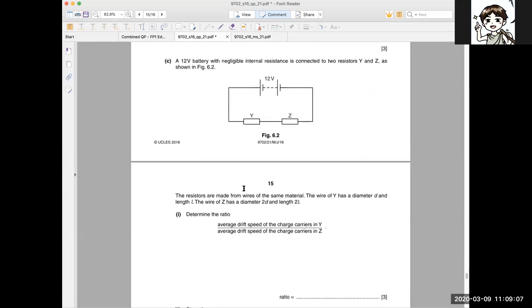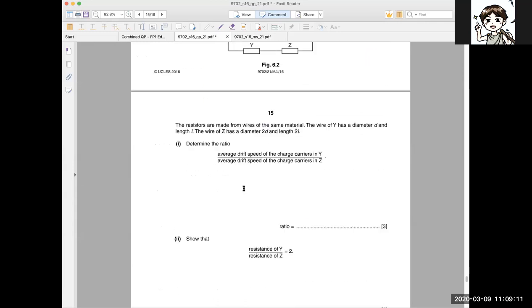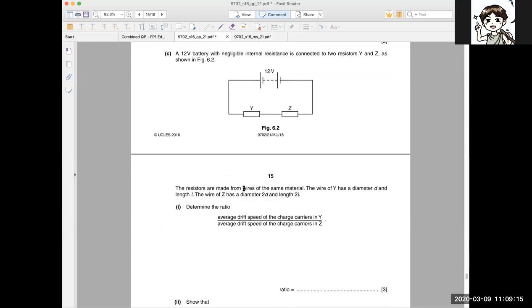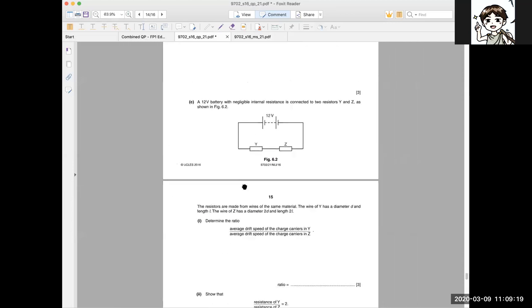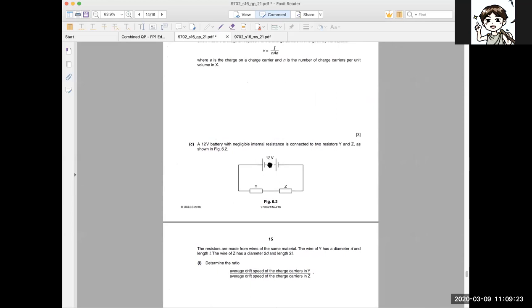I think we have done this question. Yes, we have definitely done it before already. So maybe I give you some time to do the C1. C1 is a little bit difficult, maybe.